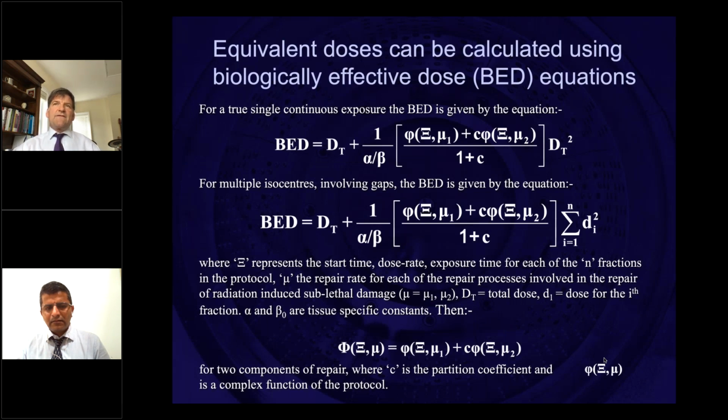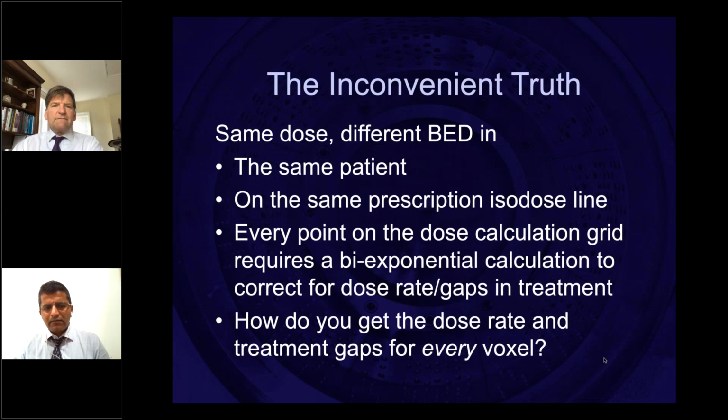Because we have this sort of mini fractionated treatment, even though we call it a single treatment session, we have a very complex calculation which needs to take place. This is the complex bi-exponential BED calculation that's been proposed by Miller. And that's the inconvenient truth.